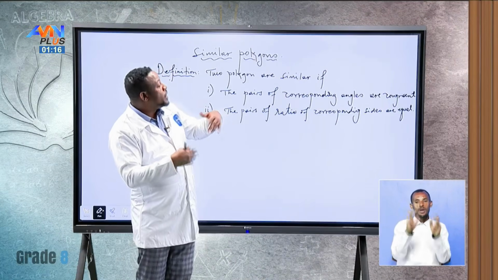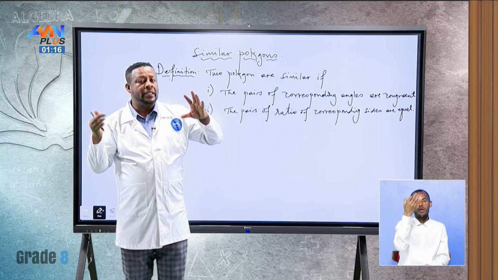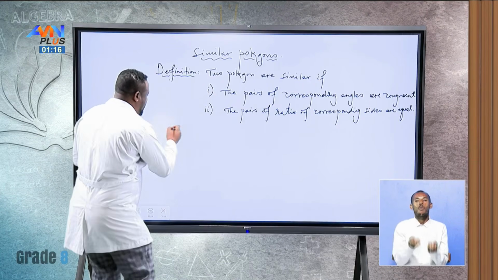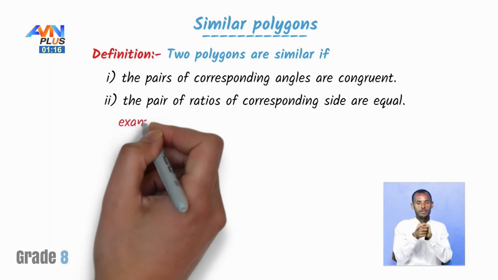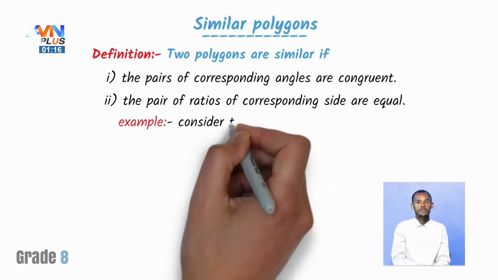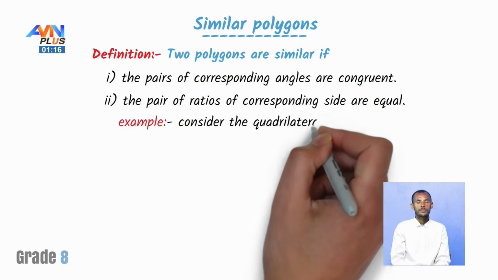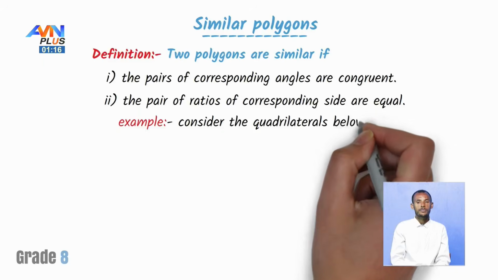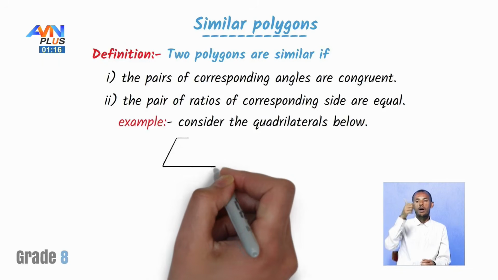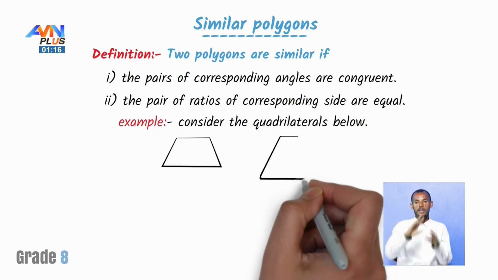Okay, to clarify this definition, let's take a certain example of similarity of polygons. For example, consider the quadrilaterals given below.